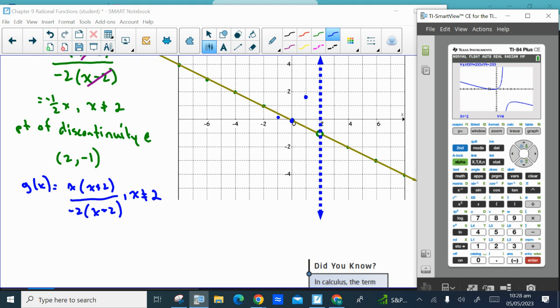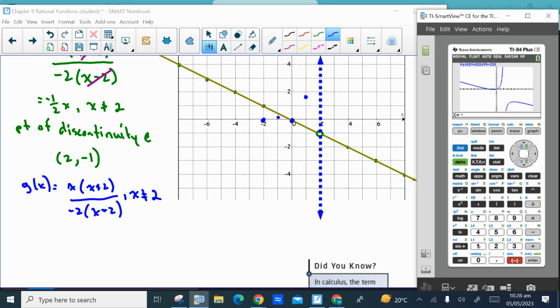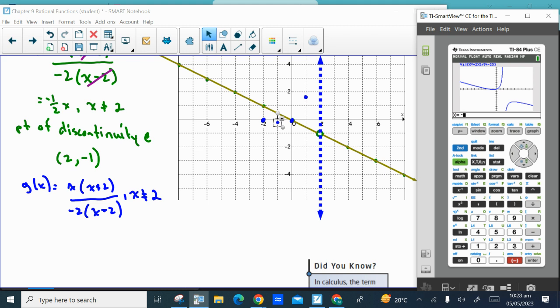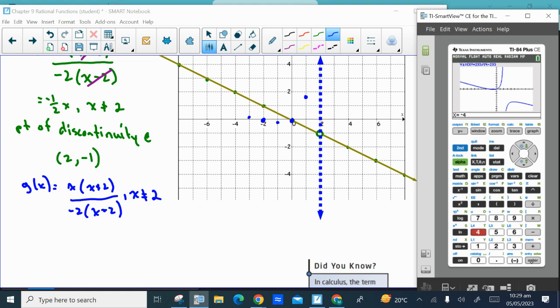I think that last one was negative, not positive, because it should go through negative 2, comma 0. So let's check negative 1 again. Yes, it is negative. So we can move this point just below the x-axis. And when x is negative 3, y equals positive 0.3, something like that. Let's do one more. Negative 4, 0.6.